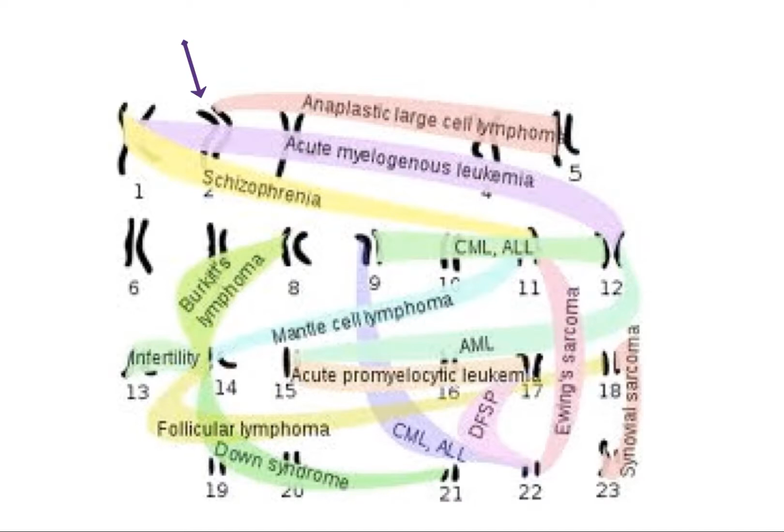So up here, a crossover, a translocation between chromosome 2 and 5 causes a large cell lymphoma. Here's a crossover between chromosome 1 and chromosome 12 that causes AML, a type of leukemia. Chromosome 1 and chromosome 11, this translocation can cause some types of schizophrenia.